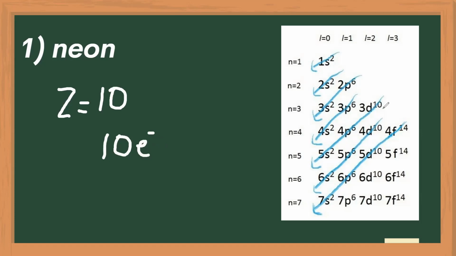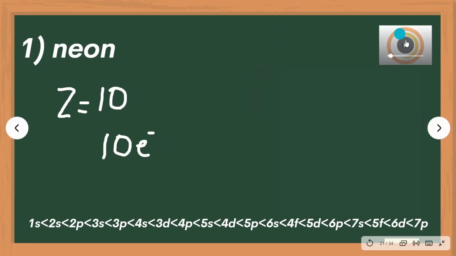So what else do we need to know? We have to do the electron configuration based on the arrangement of the energy levels, and using this, we can easily identify how to write the electronic configuration of neon.